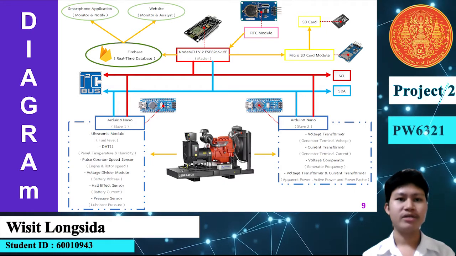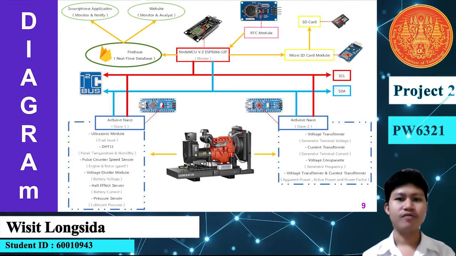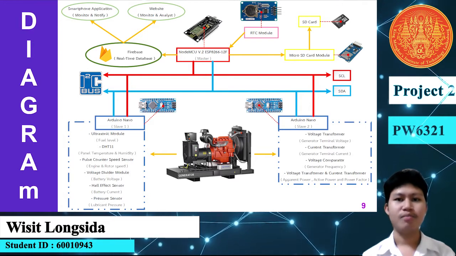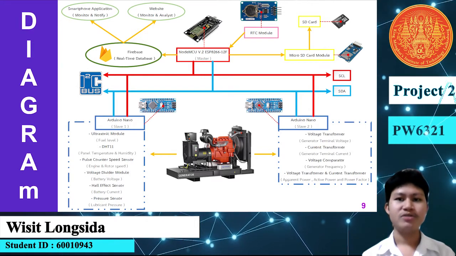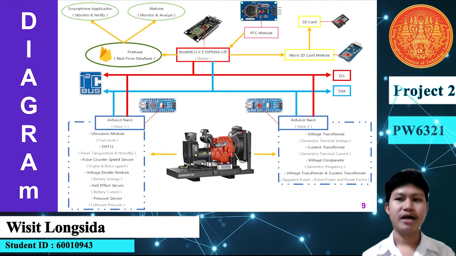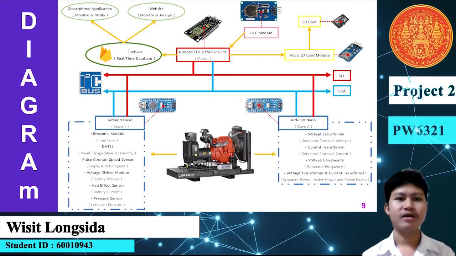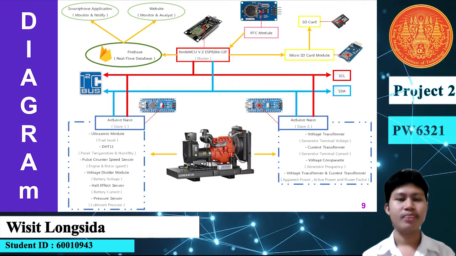Master will store value in SD card for backup data and send value to Firebase as real-time database by Wi-Fi. Firebase will store data in file server. After that, mobile application and website connected with Firebase will show parameter value of generators monitoring.